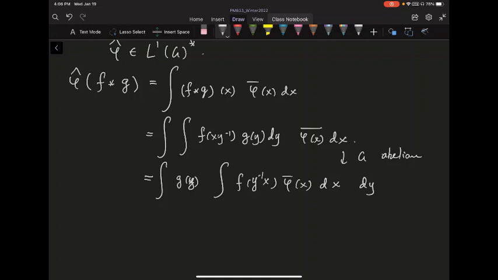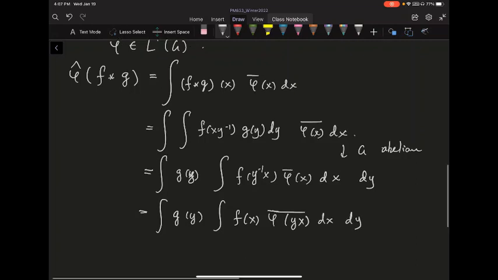Now you do the standard trick: you replace x by yx and use the left invariance. So this is the integral of g of y, and you have an integral of f of x, but then you have phi bar of yx, the entire thing barred, dx dy.